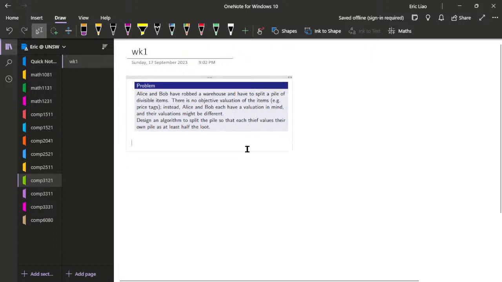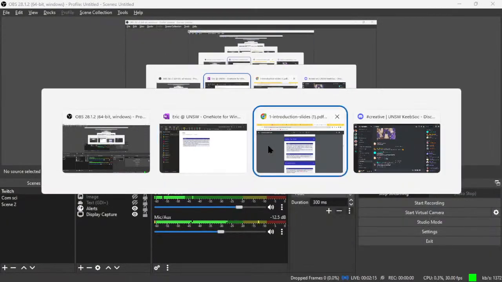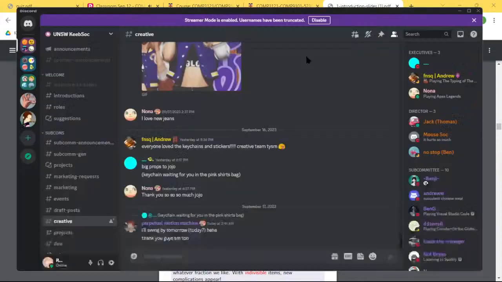E.g. there's no objective valuation of the items. Yeah, so this is like you have an array of tuples. I'm gonna try to think of it numerically, because I don't understand it.